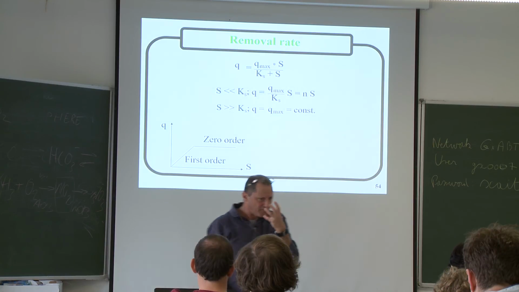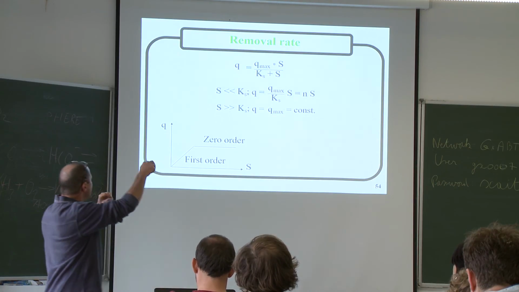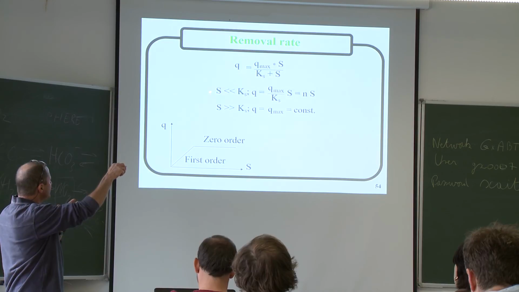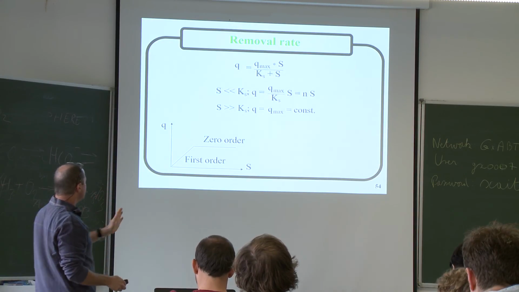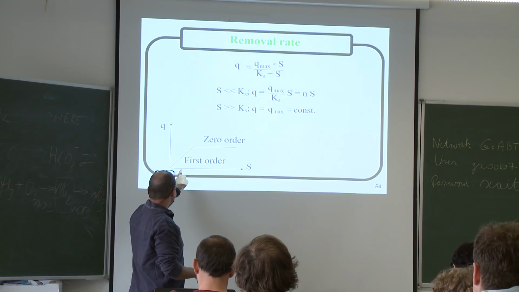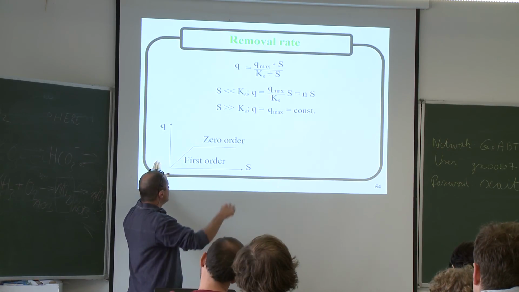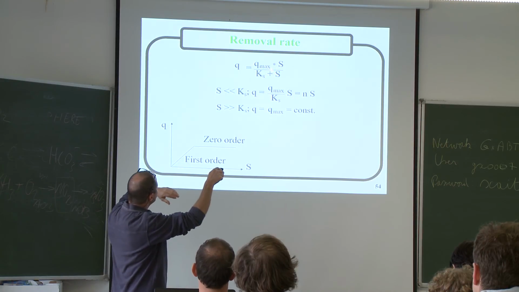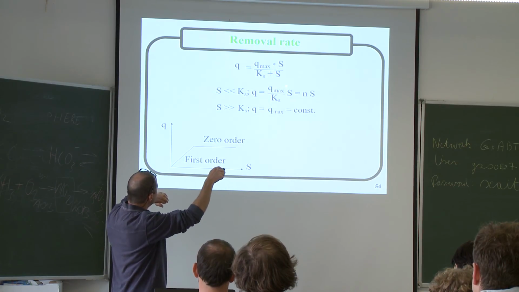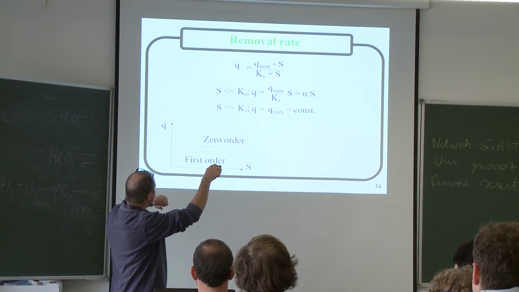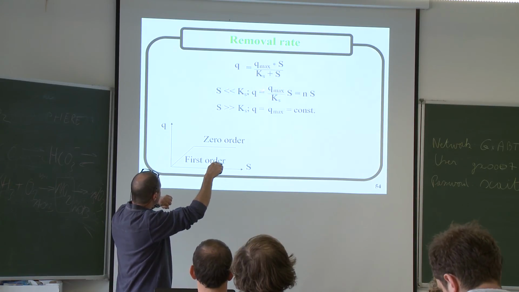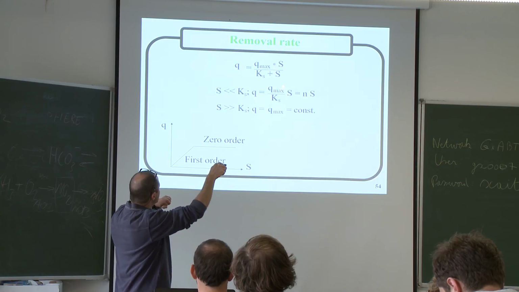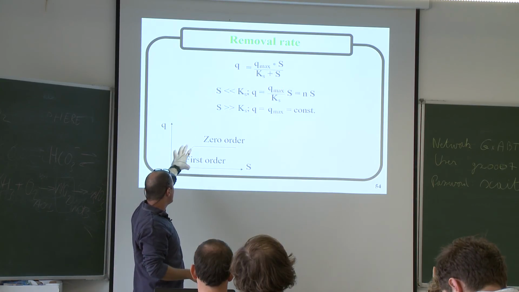What we can learn from that is the following: if the substrate concentration is very low, lower than this Ks, then the substrate concentration in the denominator is negligible, and we get that the rate would be equal to Qmax and Ks, which are constants.